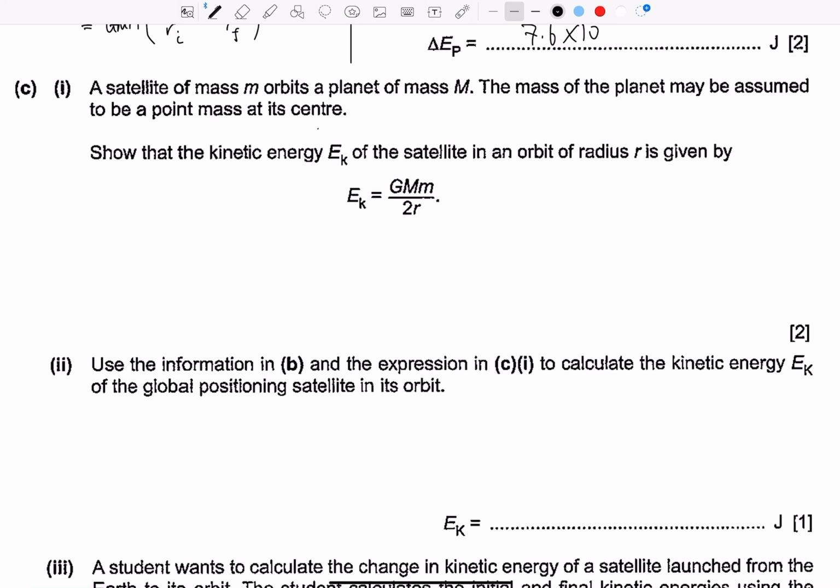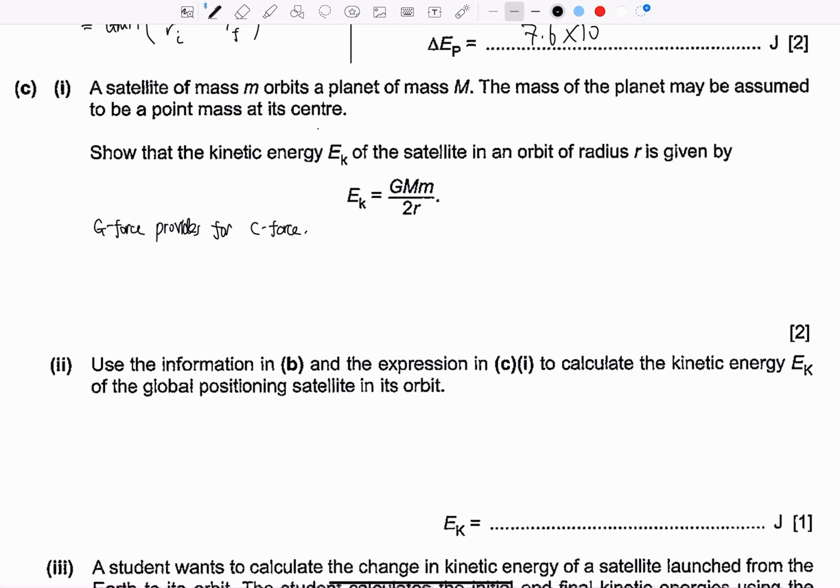So, you start off by saying the gravitational force provides for centripetal force. Please do write out gravitational as a whole as well as centripetal. Yep.